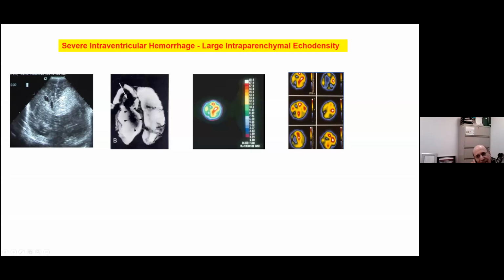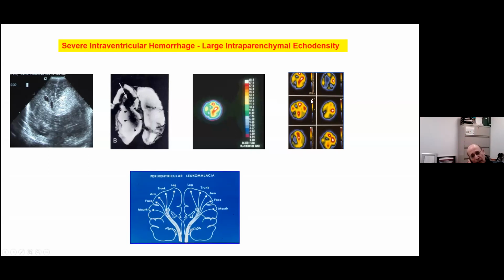And you can see in all these cases, the lesion was more frontal and anterior, but in each case it was extensive, so that becomes very important.